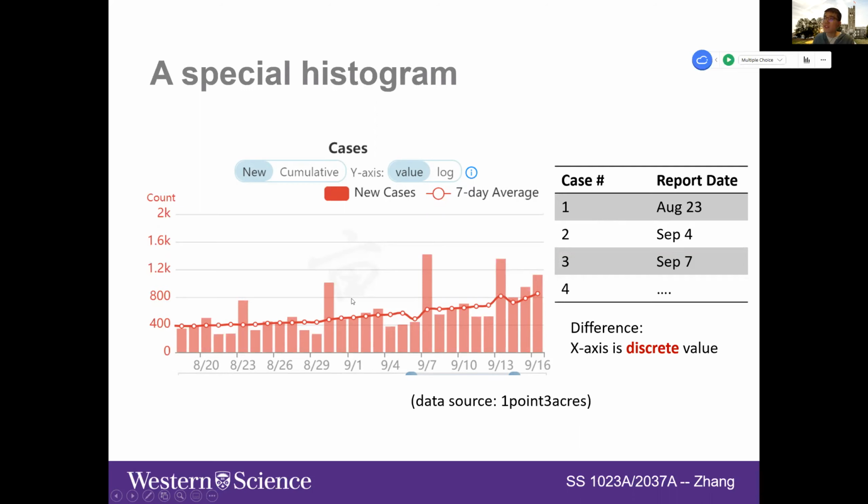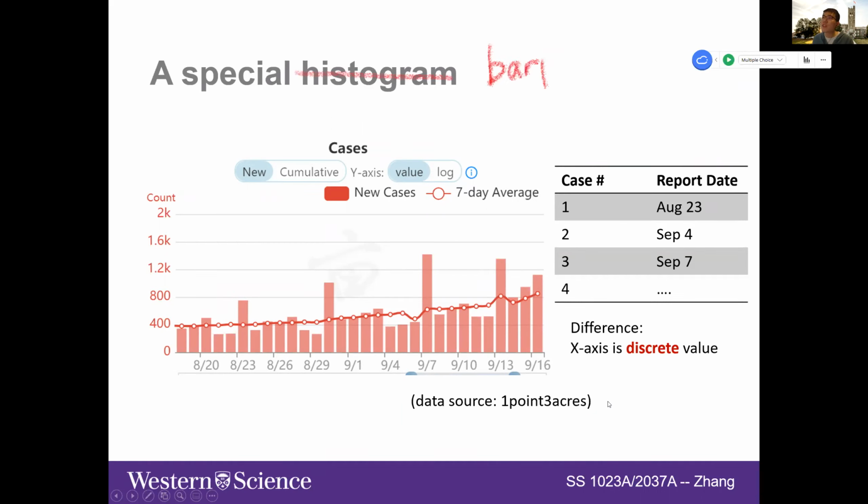The only difference from the histogram for continuous data is that the x-axis is for a discrete value rather than a continuous value, which means our data set is already categorized into different intervals. So we no longer need to merge the data into different categories.